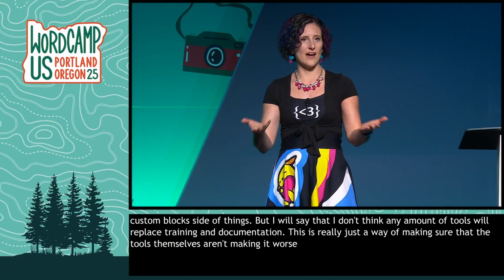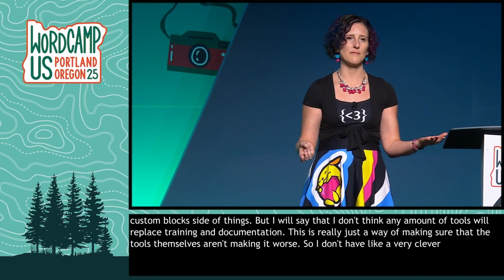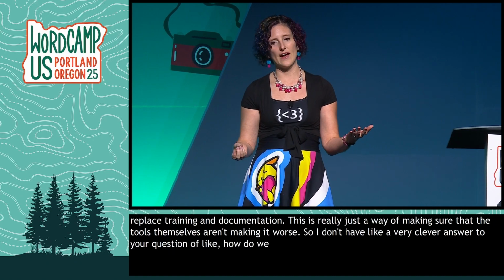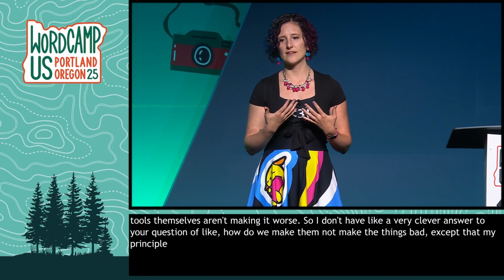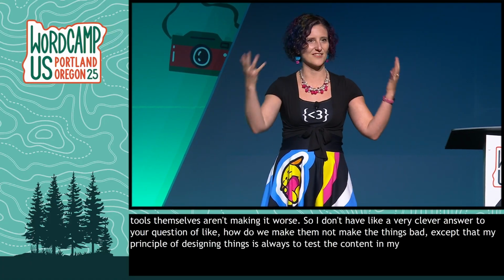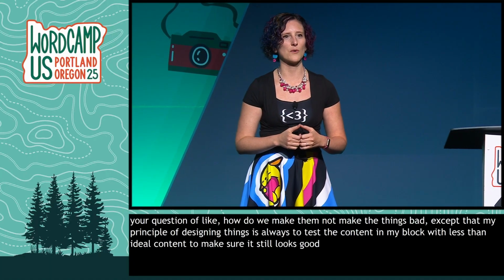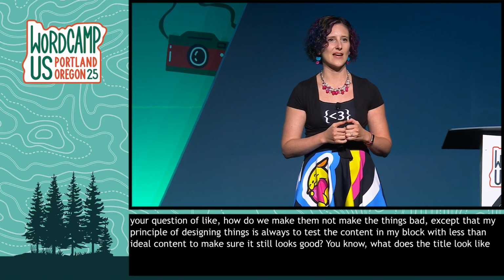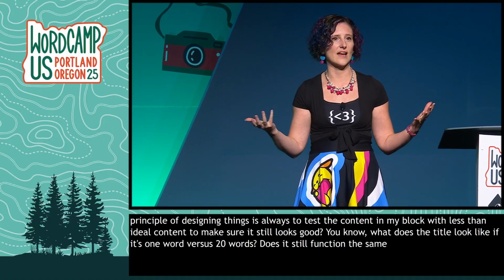So I don't have a very clever answer to your question of how do we make them not make the things bad, except that my principle of designing things is always to test the content in my block with less than ideal content to make sure it still looks good. You know, like what does the title look like if it's 1 word versus 20 words? Does it still function the same? And I would say if you're building stuff like that, test that stuff out too.